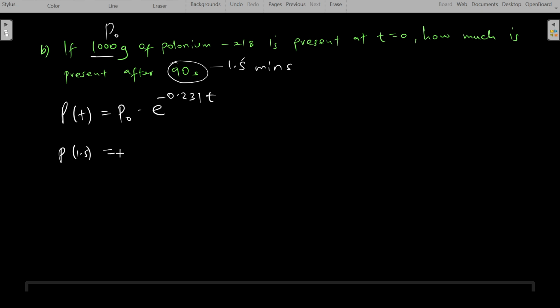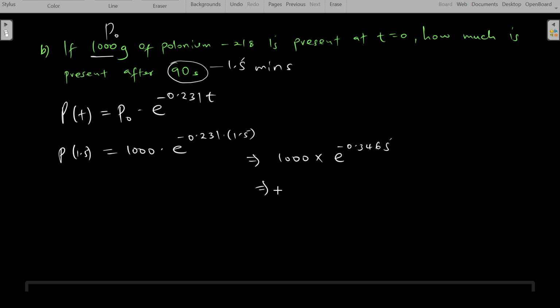That should give me the original amount, 1,000, multiplied by e raised to negative 0.231 multiplied by 1.5. If we clean this a bit, we should get 1,000 multiplied by e raised to negative 0.3465.